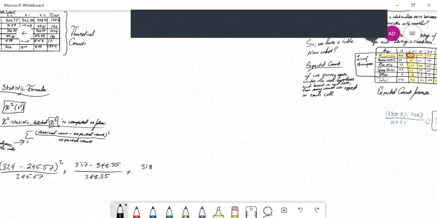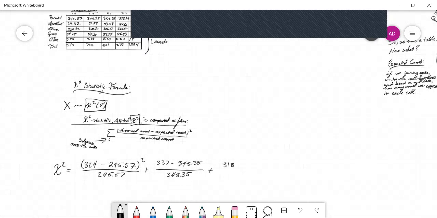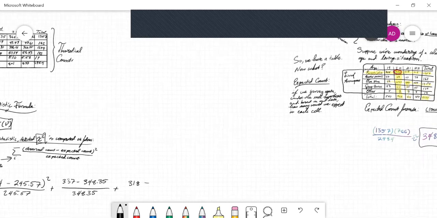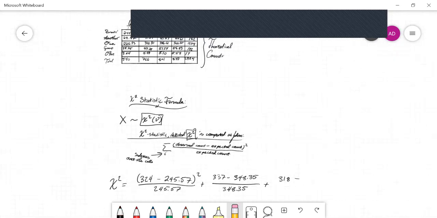I missed a column, but it's a summation, so we'll be okay. We just have to make sure I matched everything up appropriately.